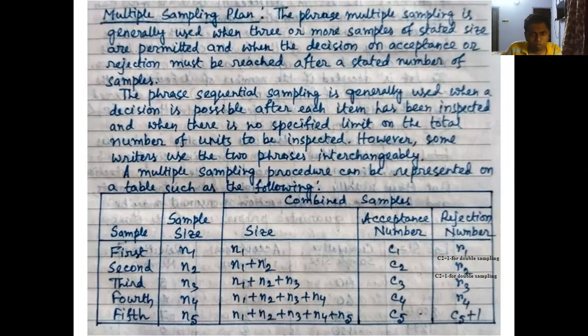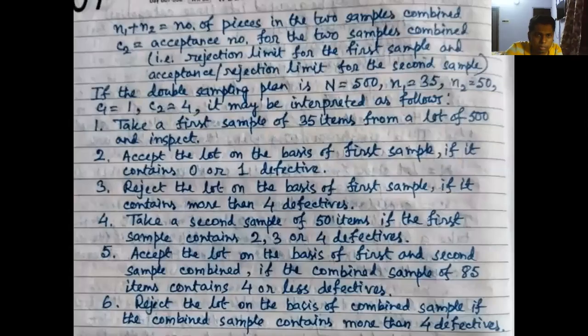After doing the second sampling, if you find more than C2 defective items in your sample, then you reject the lot. Here you can see that C2 was 4.